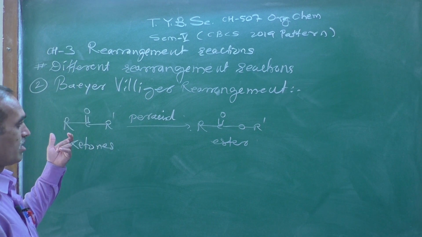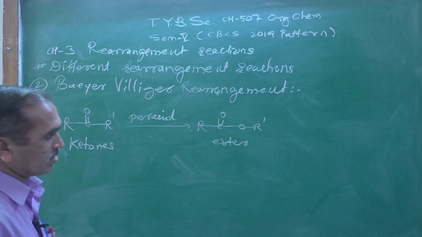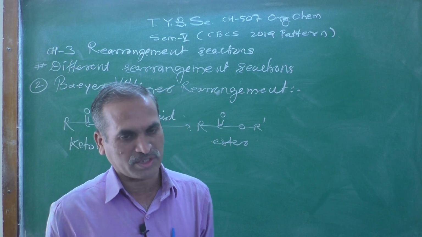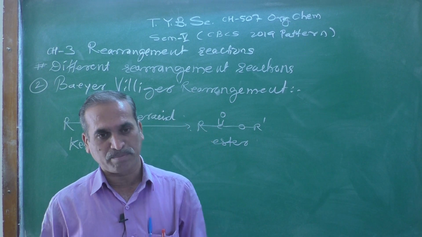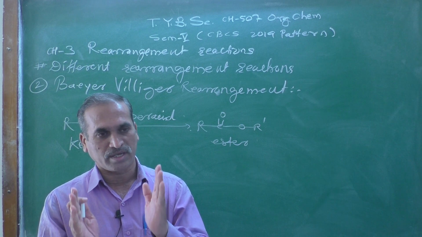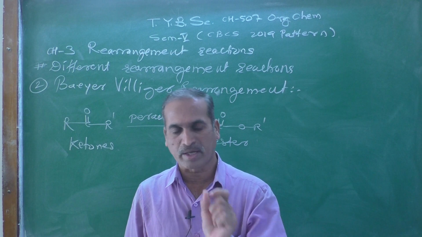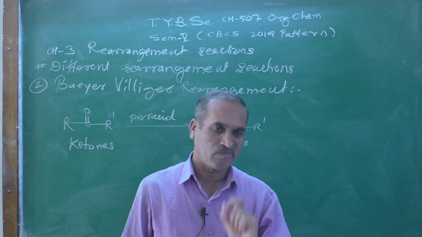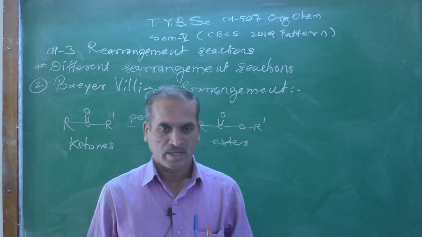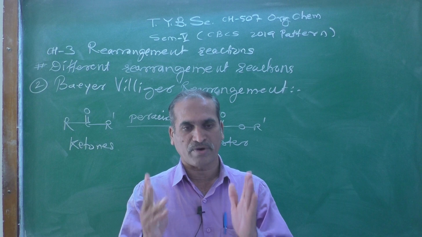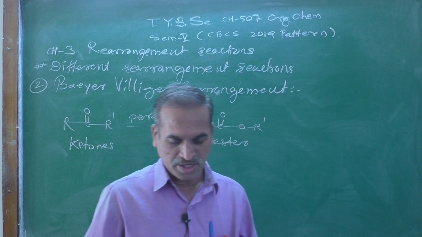So this is the general formula for the ketone, and the product obtained will be the ester. That is the basic requirement you must remember here. The starting material or precursor will be the ketone, and the final product obtained will be an ester.